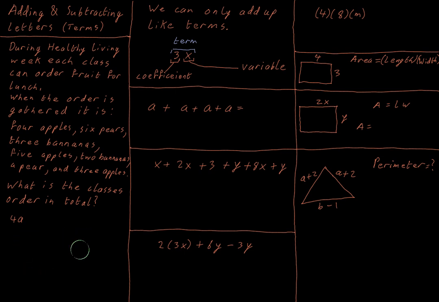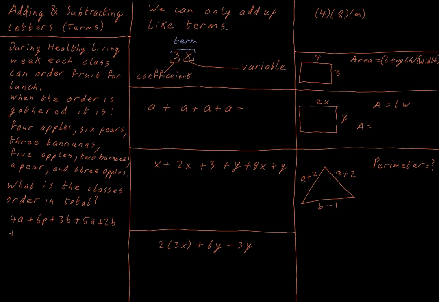I have 4 apples, and I want 6 pears. So that would be 6 pears plus 3 bananas plus 5 apples plus 2 bananas plus a pear. Well, how are we going to say a pear?